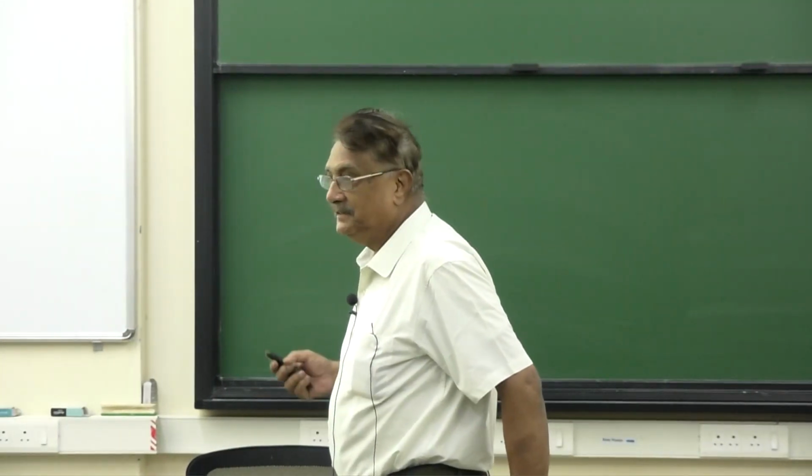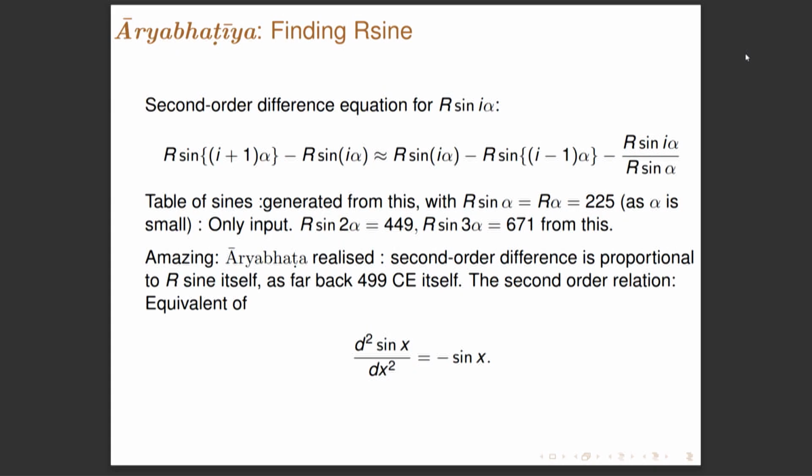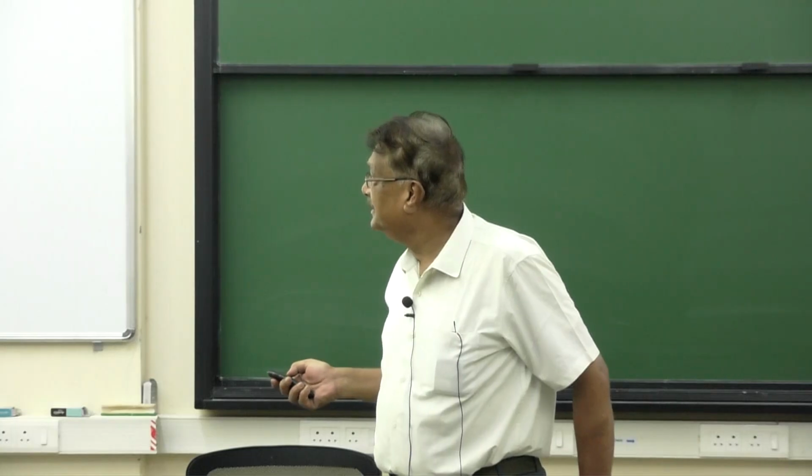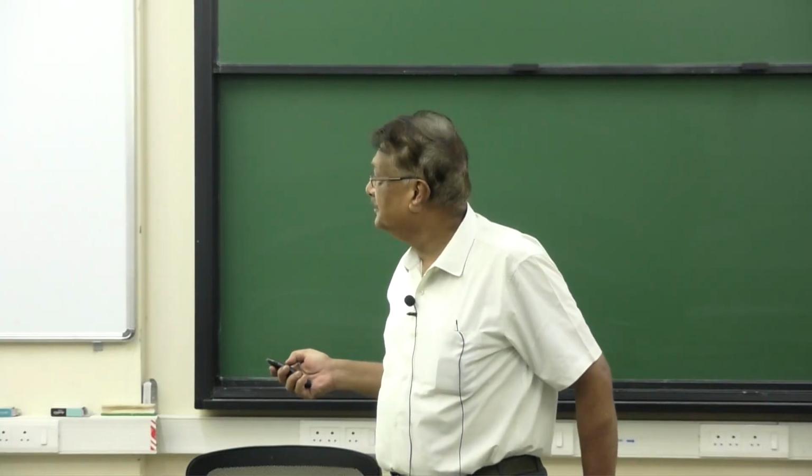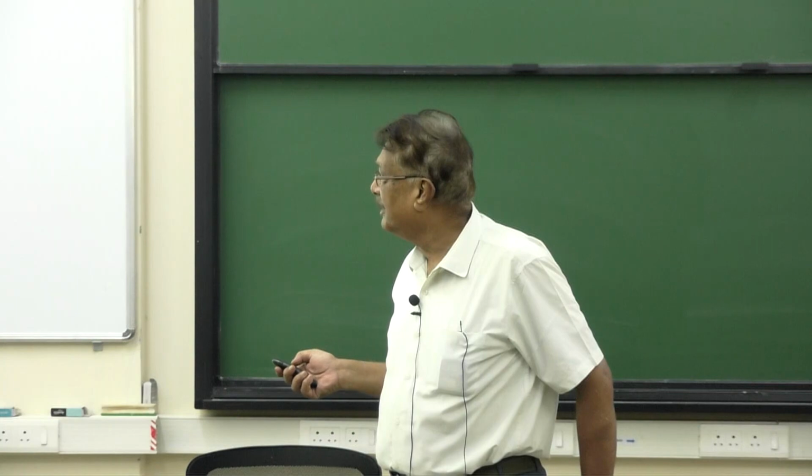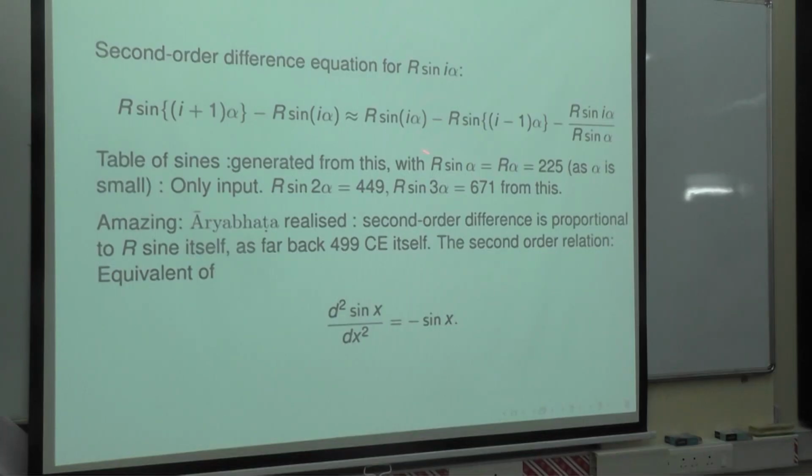Now, for finding the values of these 24 r sines, Jyas, interestingly, in the Aryabhatiya he gives a difference equation. He says r sin (i plus 1) alpha minus r sin i alpha is very close to r sin i alpha minus r sin (i minus 1) alpha, minus this, minus this.